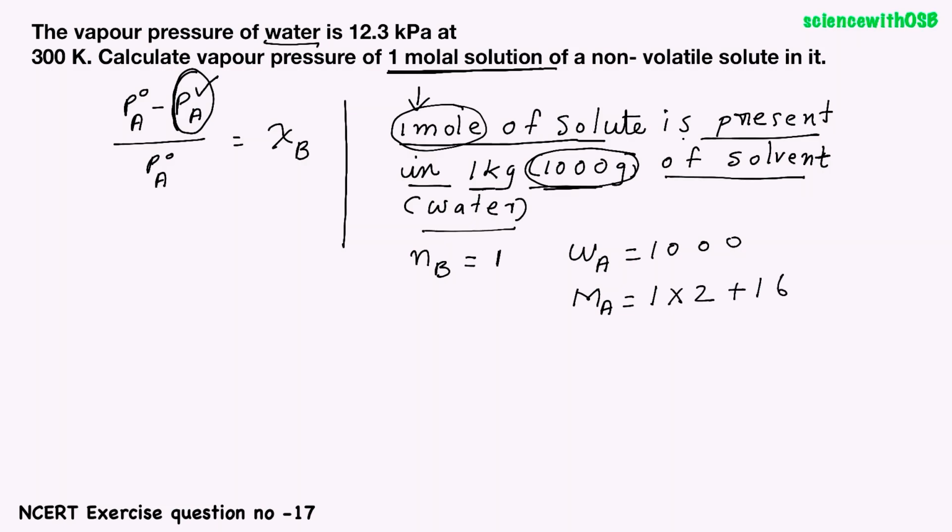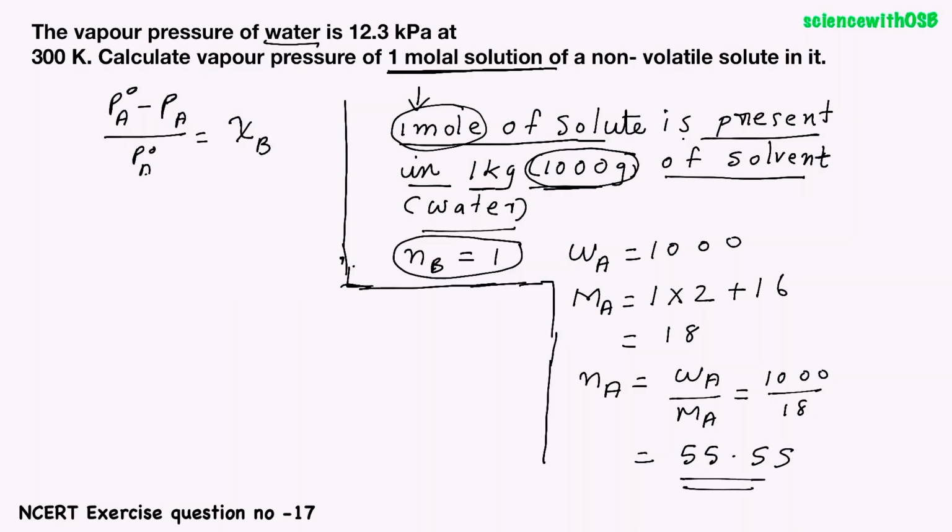Atomic mass of oxygen is 16. On adding you will be getting 18. Number of moles of water is mass of water by molar mass of water. So that is 1000 by 18. On calculating, you will get 55.55. Correct, right?